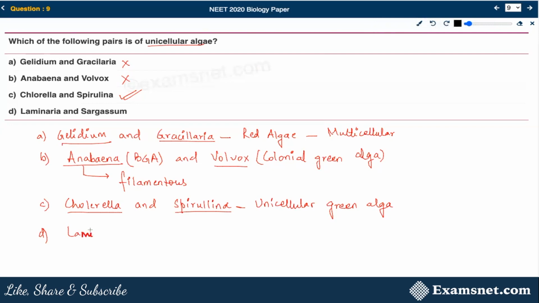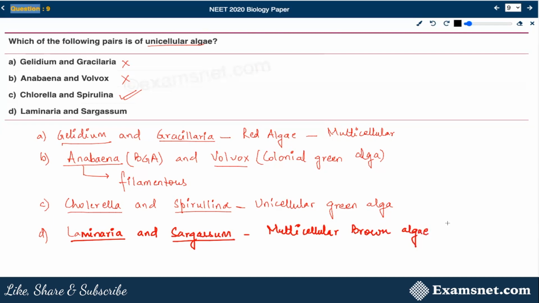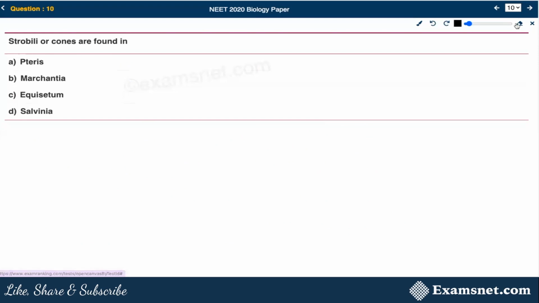All right. So again, this is not an option. So our option C is the correct answer, Chlorella and Spirulina. All right. So this is the 9th question. Now let's move on to the next question, which is question number 10.